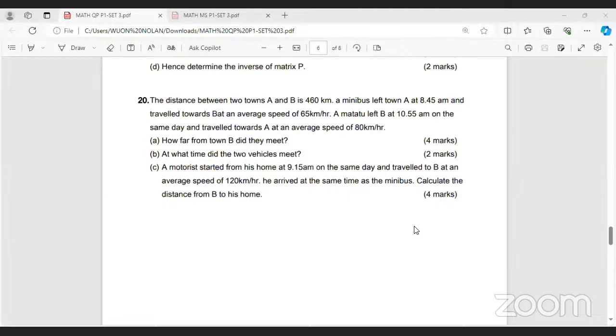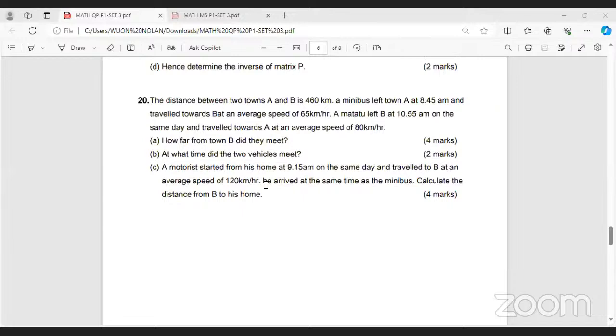Mr. Mburu, you can take it up. Okay, I hope I am audible. We have two towns. The first town is A, and the other town is B. The distance between the two towns is 460 kilometers. We have a minibus leaving town A at 8:45 and traveling towards B at an average speed of 65.